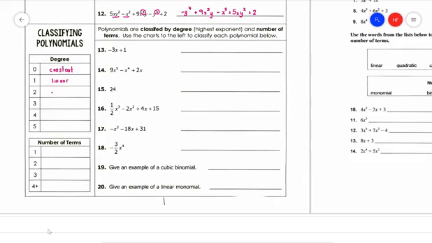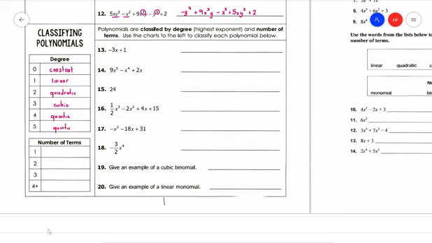A degree of 2 is quadratic. Degree of 3 is cubic. Degree of 4 is quartic, like a quarter. And degree of 5 is quintic. And that's as high as we're going to see them.